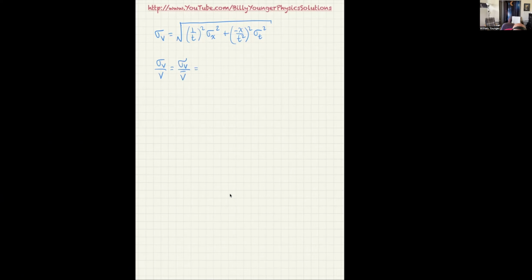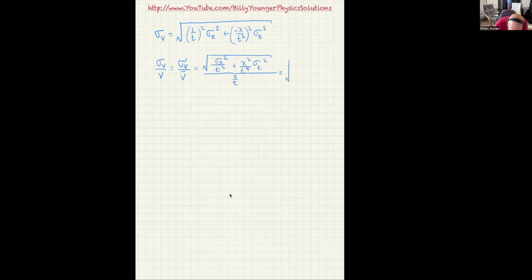Now that's equal to what we just found for sigma v, the square root of 1 over t squared sigma x squared plus x squared over t to the fourth sigma t squared. If I want to divide it by v, we know that the formula for v is x over t, so I can put x over t in here, and I can get it under the square root by squaring it.